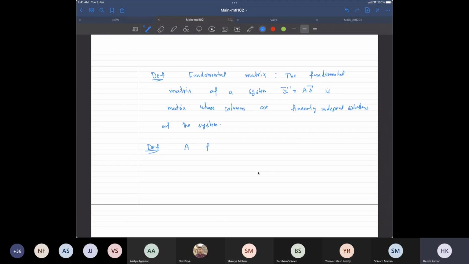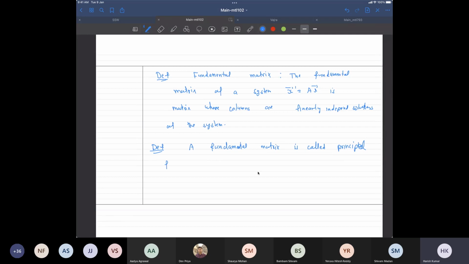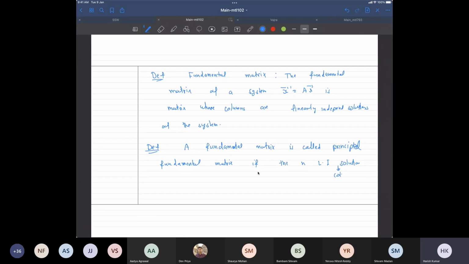So a fundamental matrix is called a principal fundamental matrix if the n linearly independent column solutions make this matrix satisfy the following.